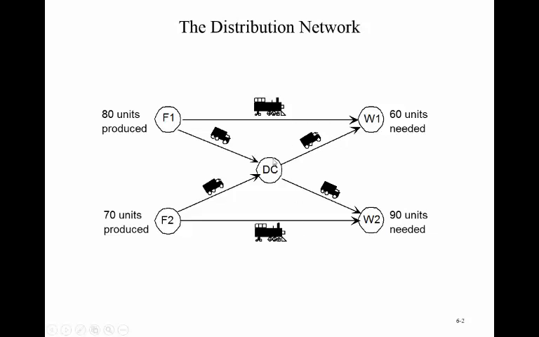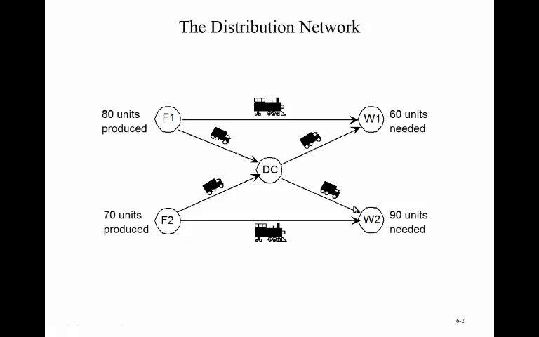Now, we mentioned that there's a distribution center sort of in the middle of all this, and we have the option to send truckloads from factory 1 to the distribution center or from factory 2 to the distribution center, and then we can ship from the distribution center to either warehouse 1 or warehouse 2 there on the right.